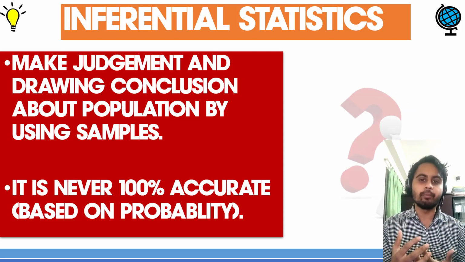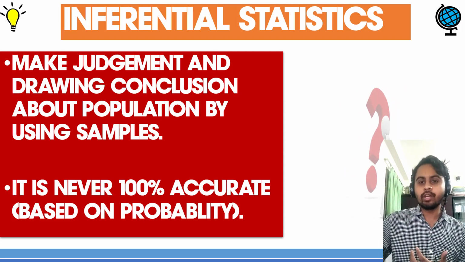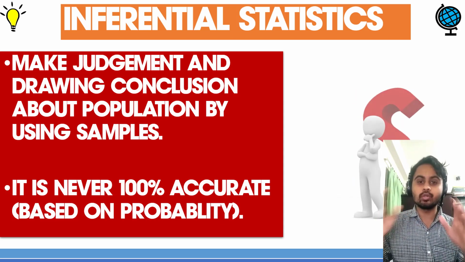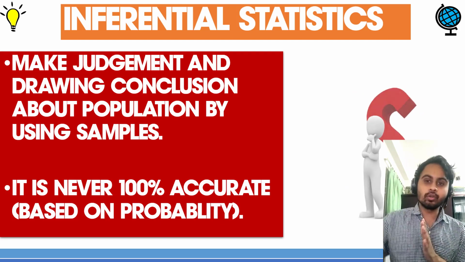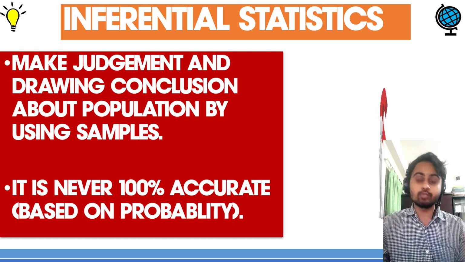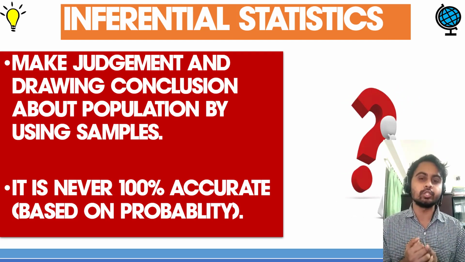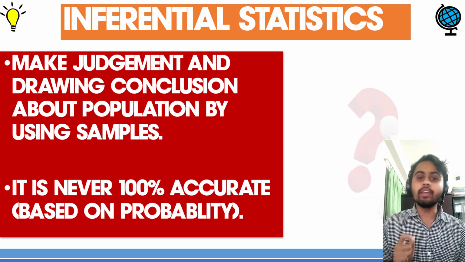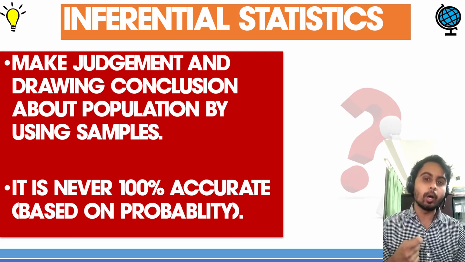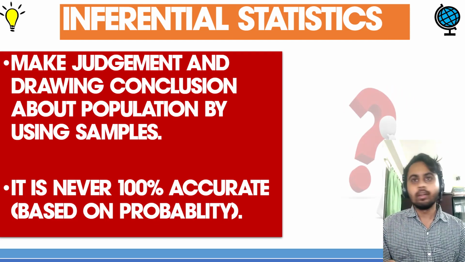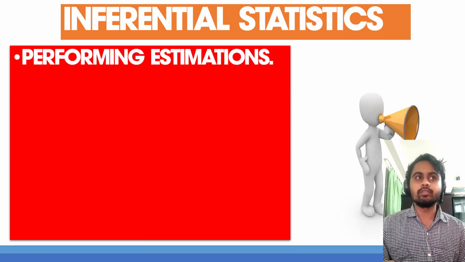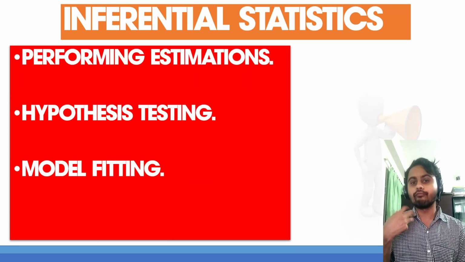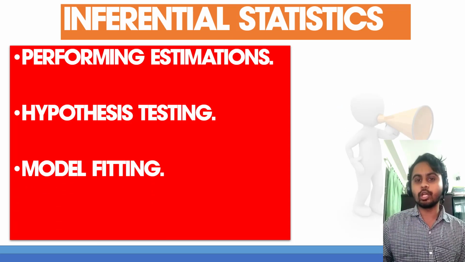We analyze the sample, then we tell about the population, and it's never 100% accurate, as we don't collect the data from the population, and sometimes we don't even know how large the population is. We just estimate it. The important thing is that when you interpret the data using probability, that is inferential. You can perform estimations, do a hypothesis test, or fit a model to give predictions about the data.